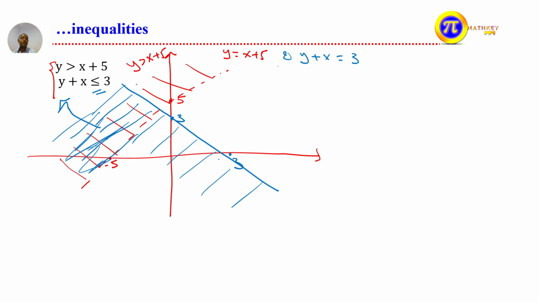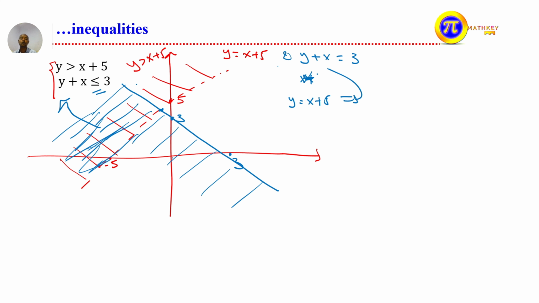If that's so, we can find the domain and range of such a function. Here we have that they intersect somewhere. So you try to find their intersection by simplifying these two equations. That means y equals x plus 5.